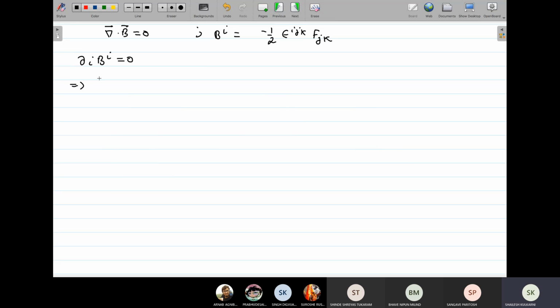It implies minus half epsilon i j k del i F j k is equal to 0. Clear? What conclusion can you draw from this?